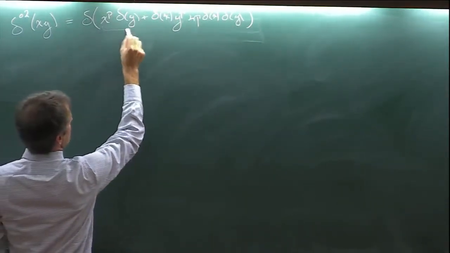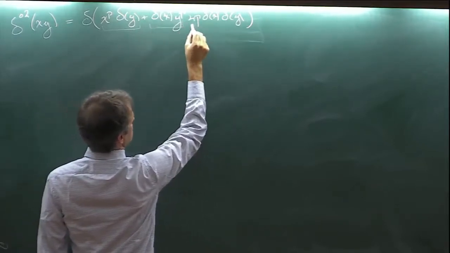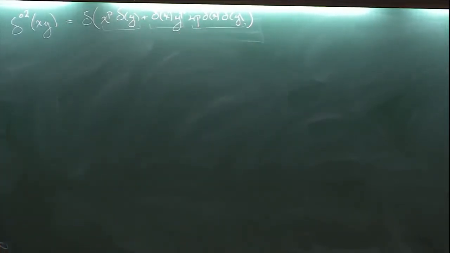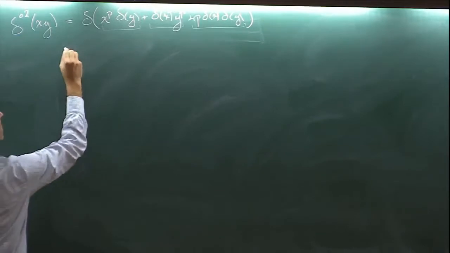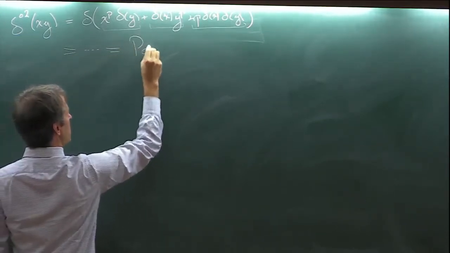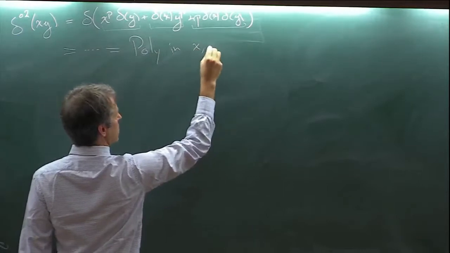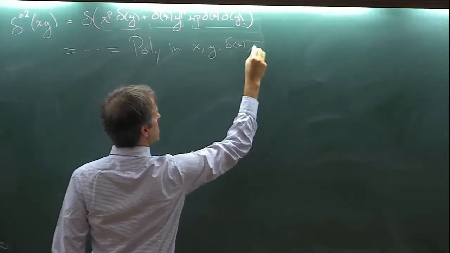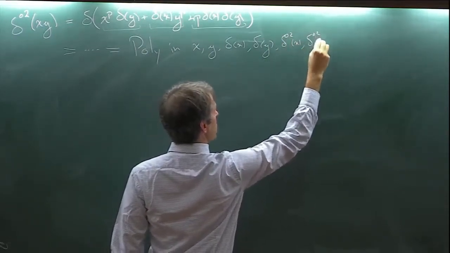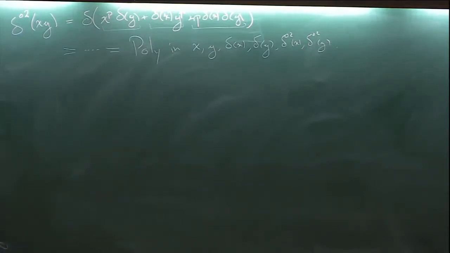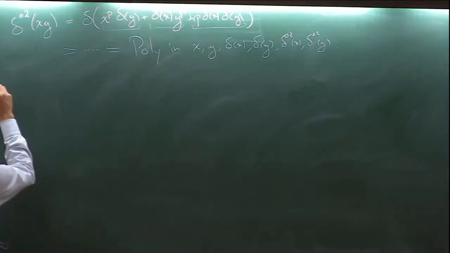You would never want to write this down, because now you have a sum of three things. So you have to write down the law for delta of summing three things up, which you get by applying the law for delta of a sum of two things twice. And then on each of those you expand it out using multiplication. But eventually you will get to some polynomial in x, y, delta of x, delta of y, second derivative of x, second derivative of y. In fact, it's a unique polynomial, which maybe I'll leave as an exercise.